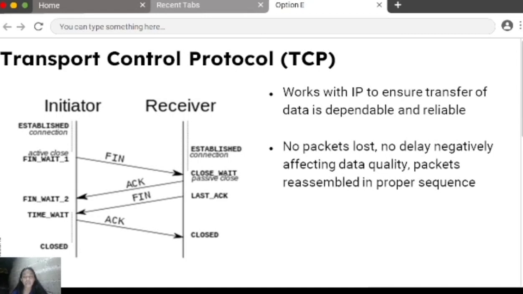Packets are reassembled in proper sequence. So TCP is a transport protocol used on top of IP, which ensures the reliable transmission of packets. It also organizes data in a way that ensures secure transmission between the server and the client.